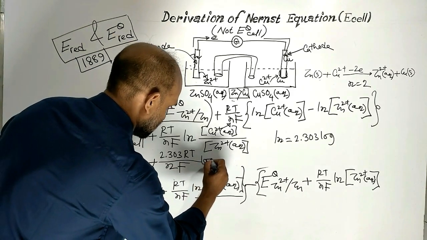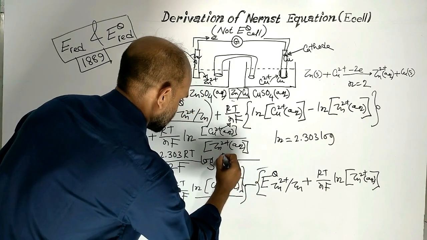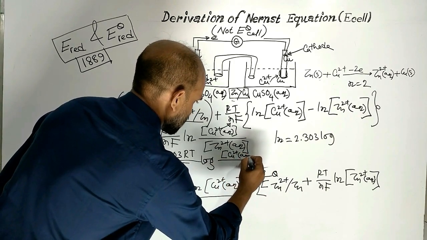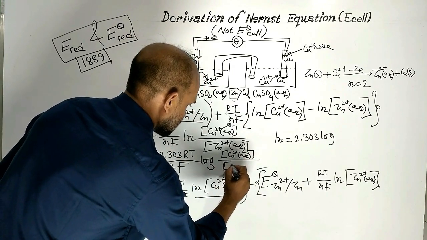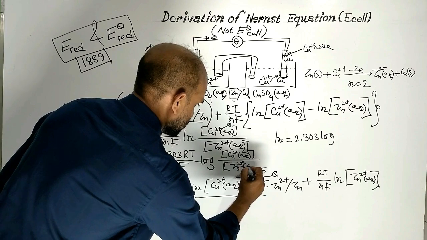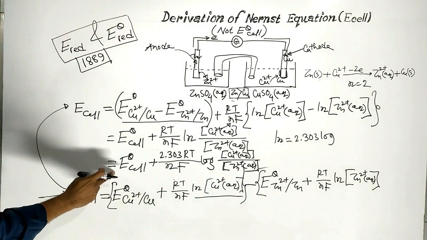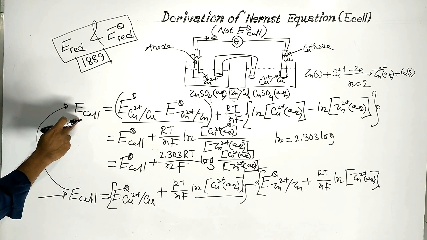Then we write log concentration of copper 2 plus ion divided by concentration of zinc 2 plus ion. This is now the complete Nernst equation to calculate non-standard state cell potential.